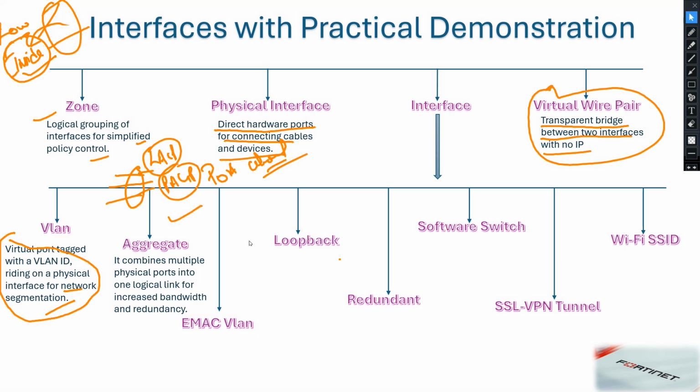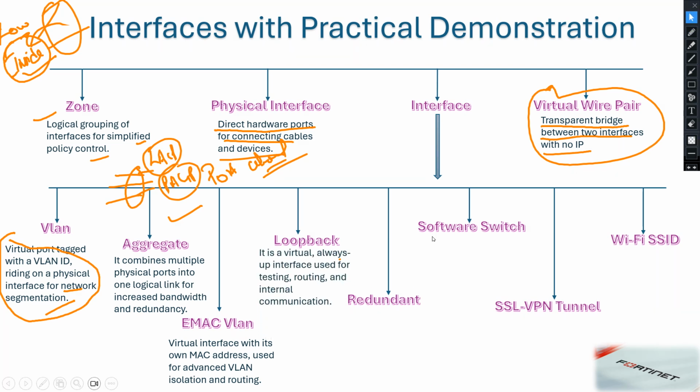Next we have EMAC VLANs. It's a kind of different VLAN where each virtual interface has its own MAC address and is used for advanced VLAN isolation and routing. Okay, per VLAN, the virtual interface has its own MAC address. Then we have loopback.